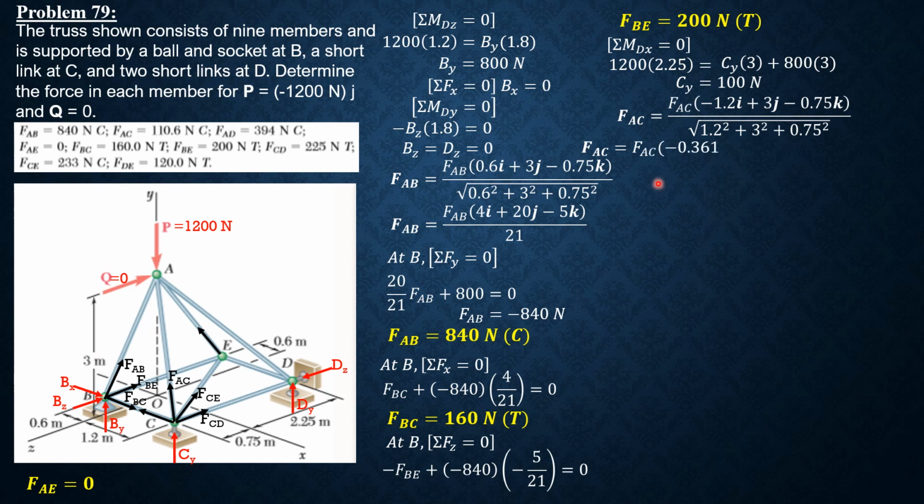Simplifying, FAC is magnitude of FAC times negative 0.3618i plus 0.9044j minus 0.2261k.